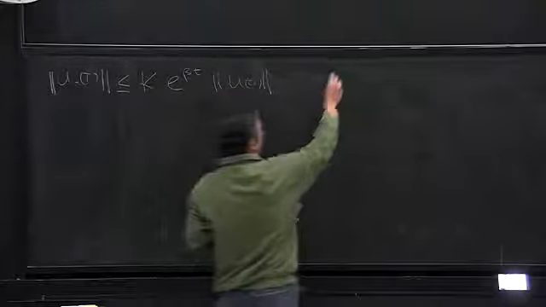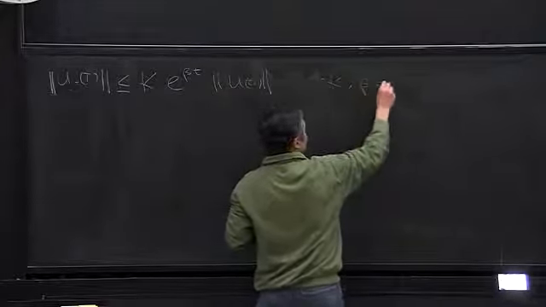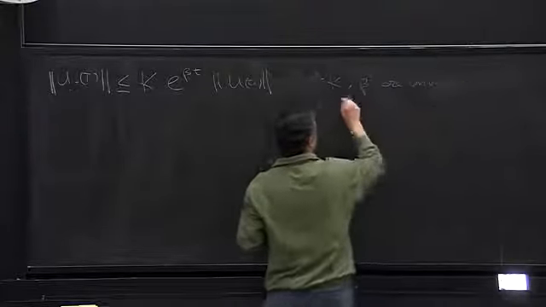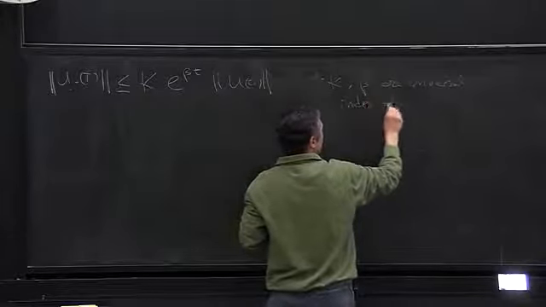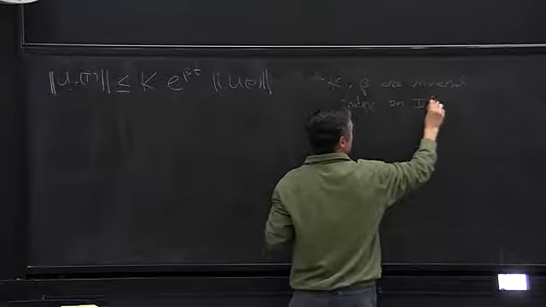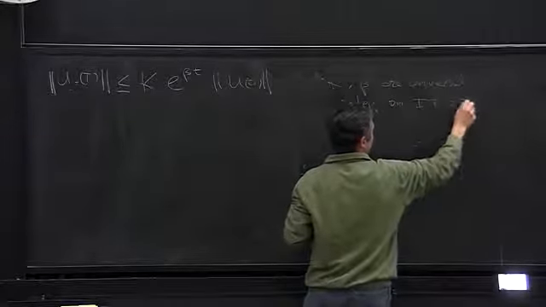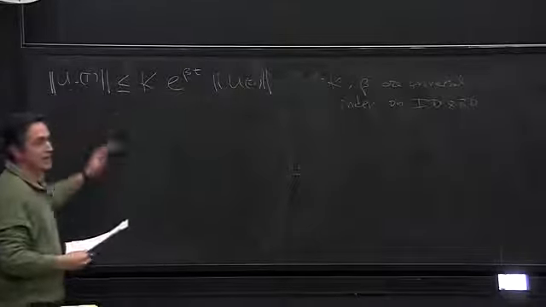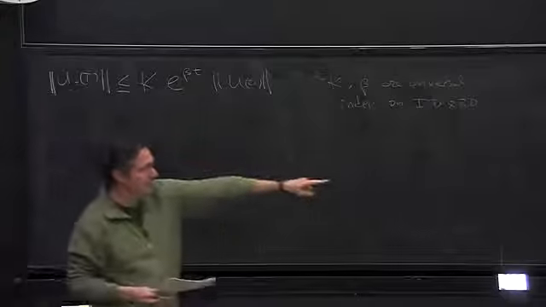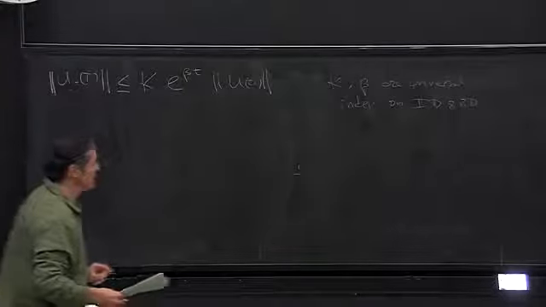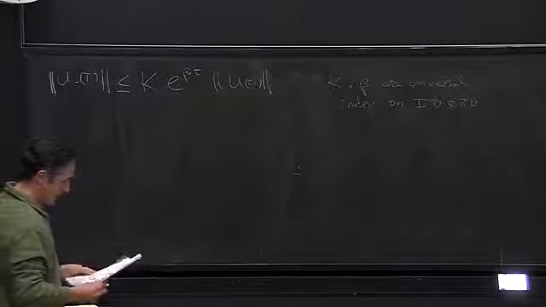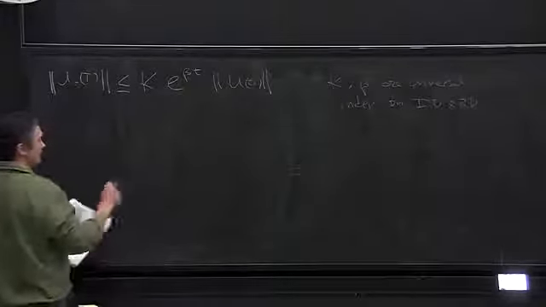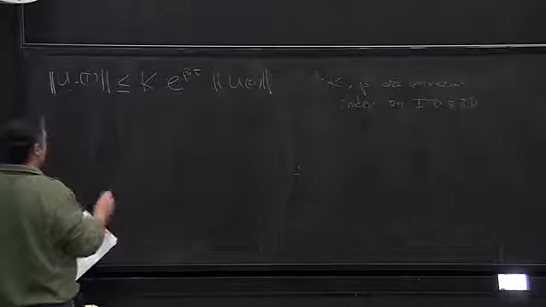So K and beta are universal, so independent of initial data and boundary data. If that's true, then you can prove that point through. So let me give you a very simple example first, and then we're going to talk about the definitions.